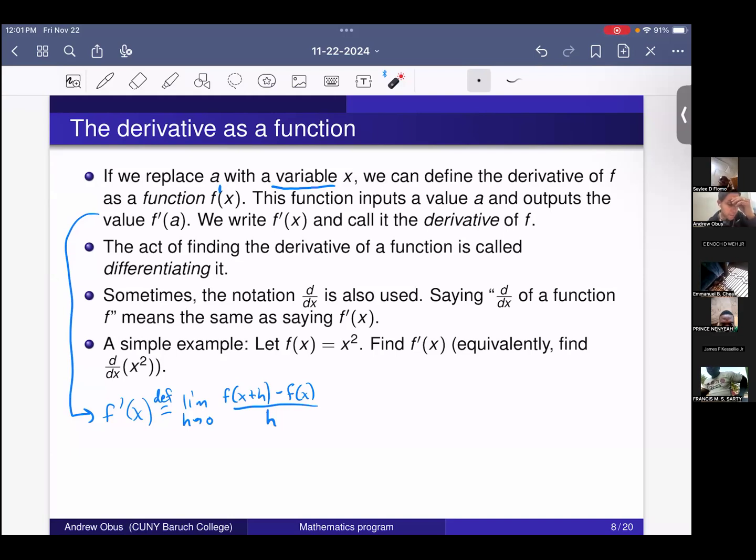Sorry, Enoch, did you have a comment? Yeah, I wanted to say that for this one, because this is the basis of finding derivatives, I think you should have given some clear information about the difference between dy by dx, f of x, f prime of x, or y prime of x. Because sometimes, instead of writing dy by dx, or d squared y over dx squared, I'll just write y prime, or sometimes y prime prime.